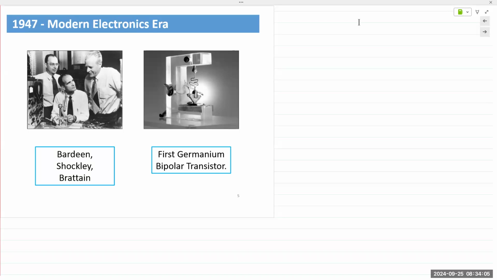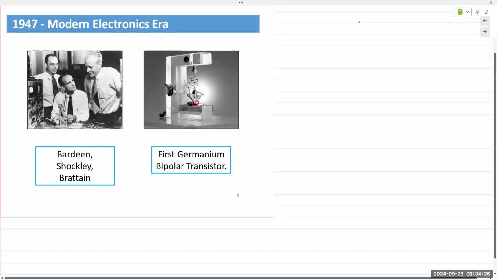Okay, in 1947, there were 3 scientists working at Bell Labs by the name of John Bardeen, Walter Brattain, and William Shockley. These 3 people created a demonstration of a germanium-based single-point contact transistor. And they were able to pass current through this right here and show its rectifying effects.